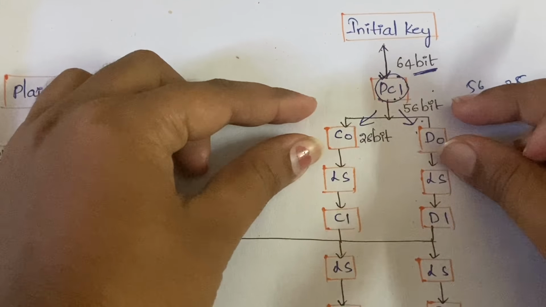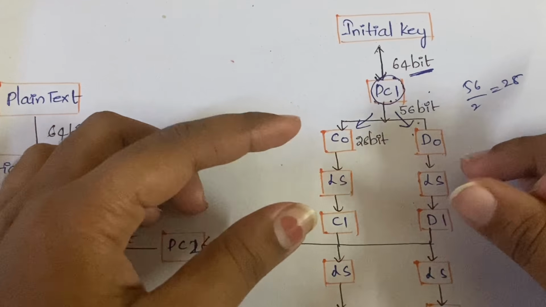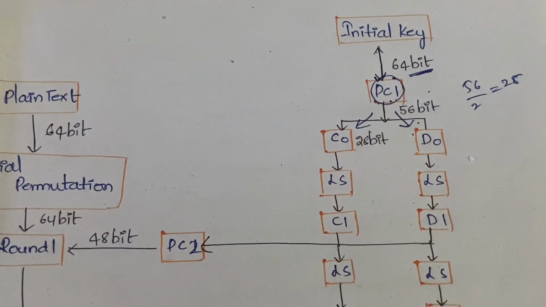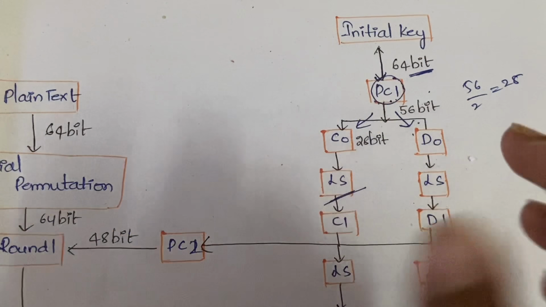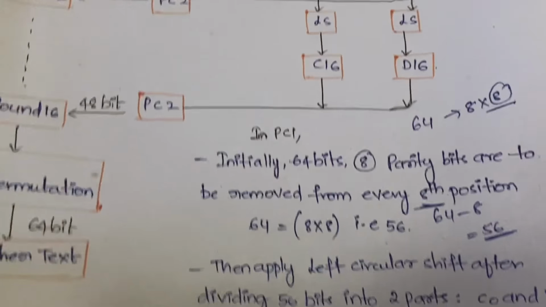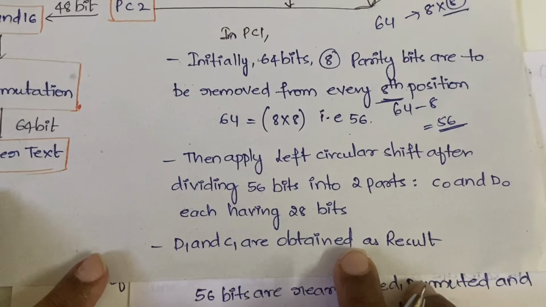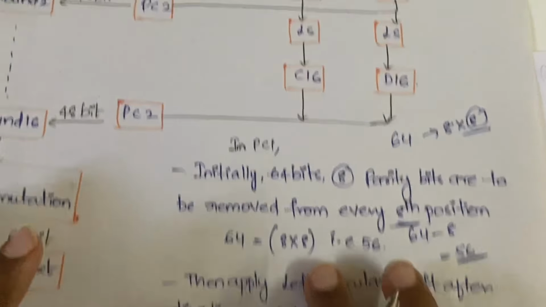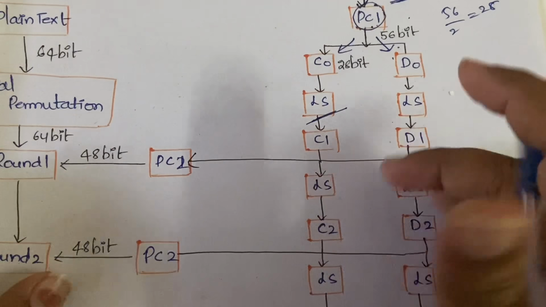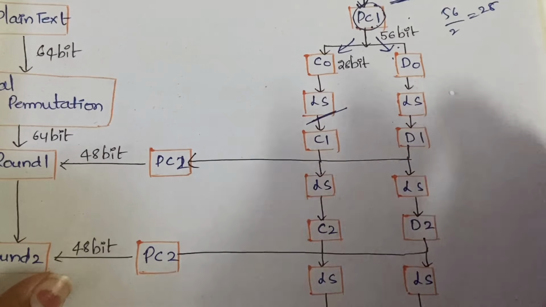On this C0 and D0 you need to perform the left circular shift. LS means left circular shift. Once you do the left circular shift, you get C1 and D1 as the result.